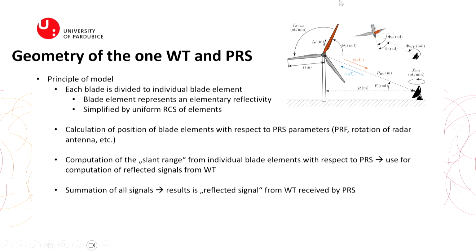So the geometry is clear. Each blade is divided into individual blade elements. A blade element represents an elementary reflectivity. So we say that it will be 1 or something. It is not important, it is just a number. What is important is that we can replace this number by the real RCS, because it is already there, this matrix of reflectivity. But for simplification we just use some unit value, a constant value.